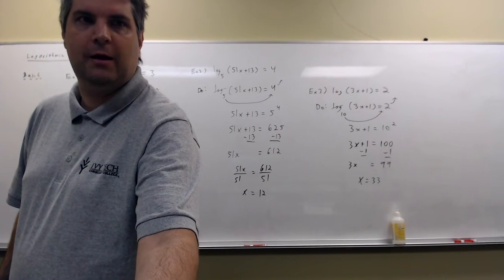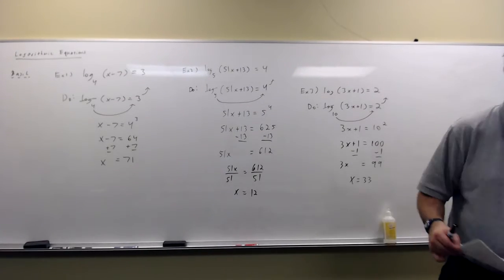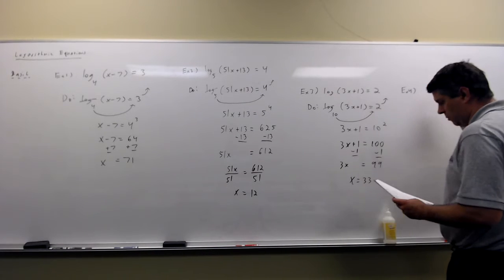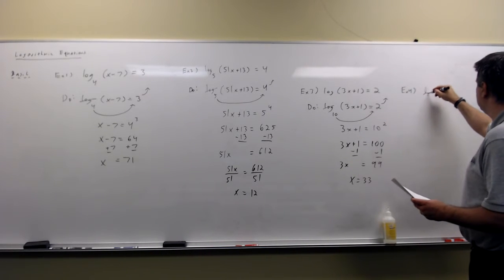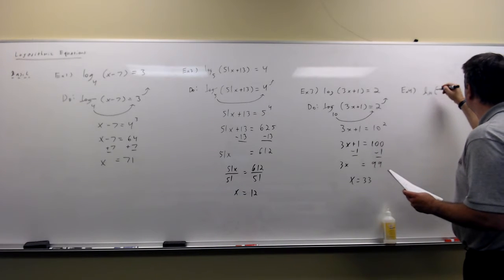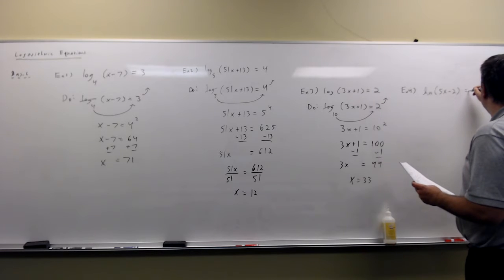Finally, the last basic example is example 4. It's a little bit on the more advanced side, but we'll go ahead and do it anyway. Natural log of 5x minus 2 is 3.